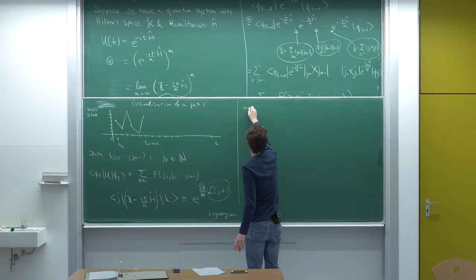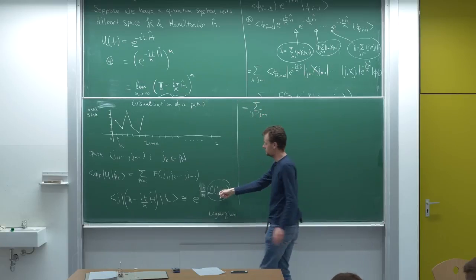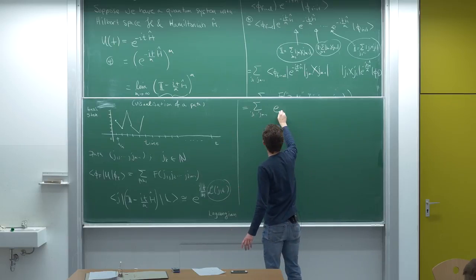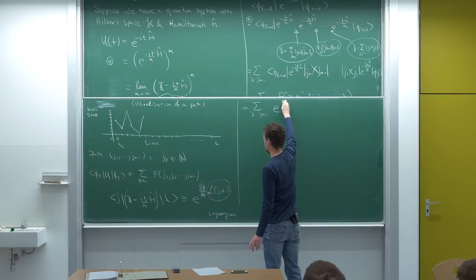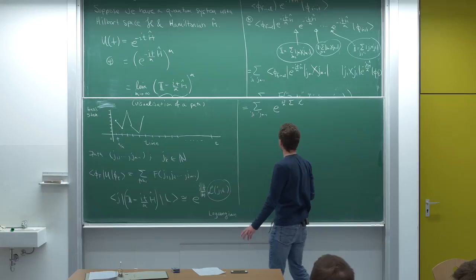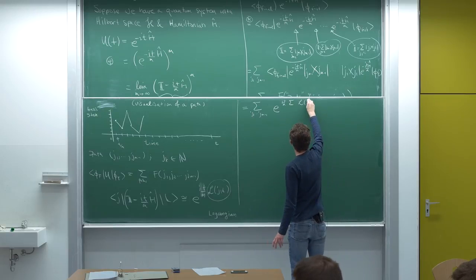And once you do this identification here, you get a very interesting formula indeed, one that was very suggestive when it was originally written down. Namely, you get an expression that looks like this.